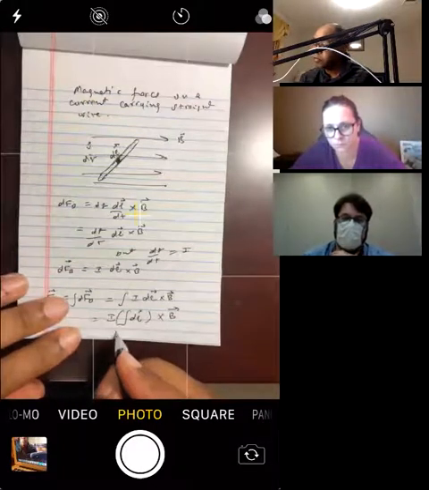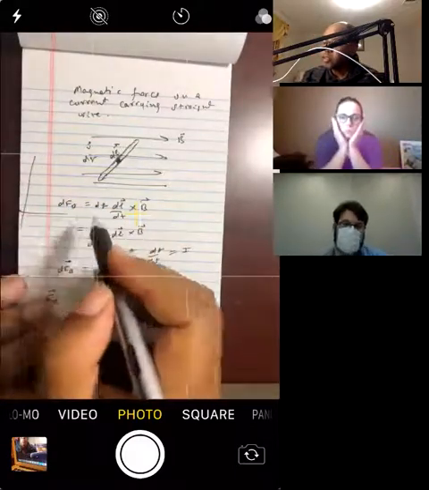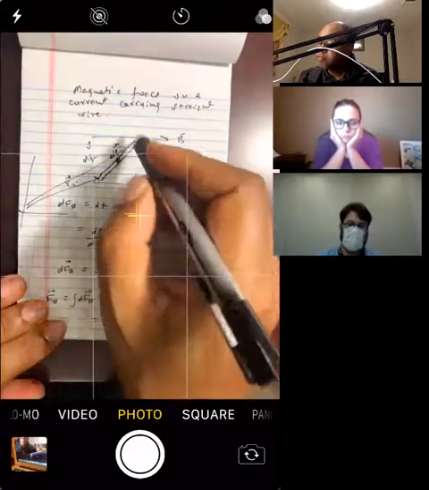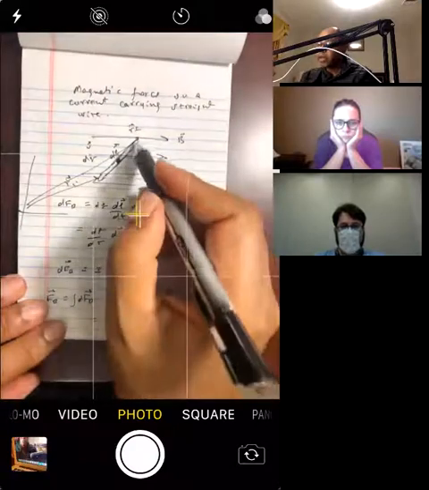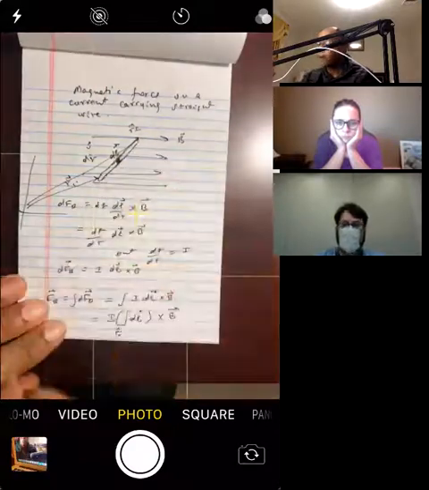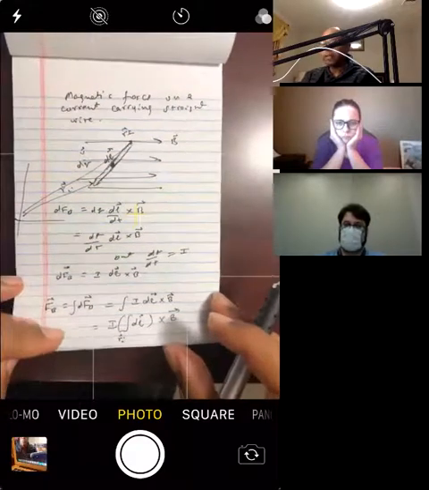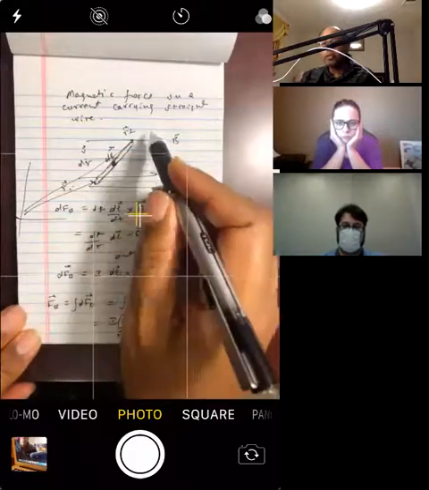Let's say I have this coordinate system over here, and this goes from position vector Ri to Rf. So what you get is Rf minus Ri. So dl integrates to delta L, which is just the straight line connecting the initial point and the final point.